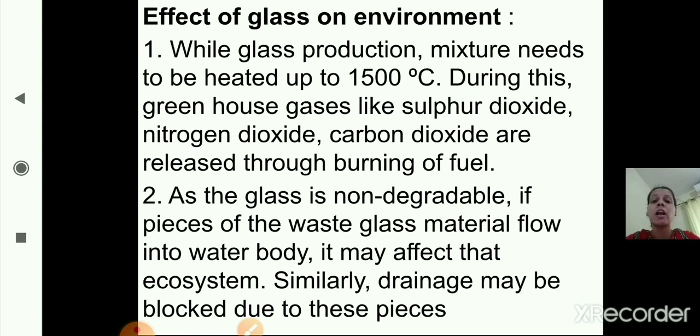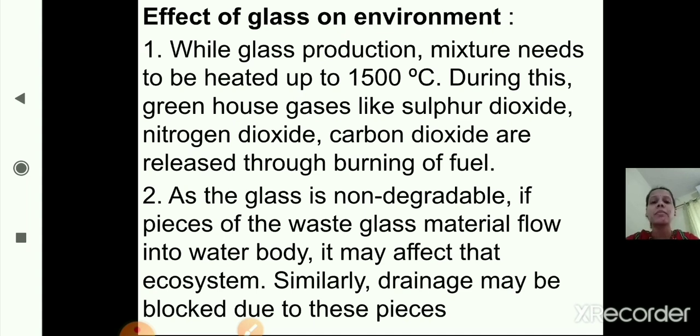During this heating, greenhouse gases like sulfur dioxide, nitrogen dioxide and carbon dioxide are released through the burning of fuel, which is harmful for nature.